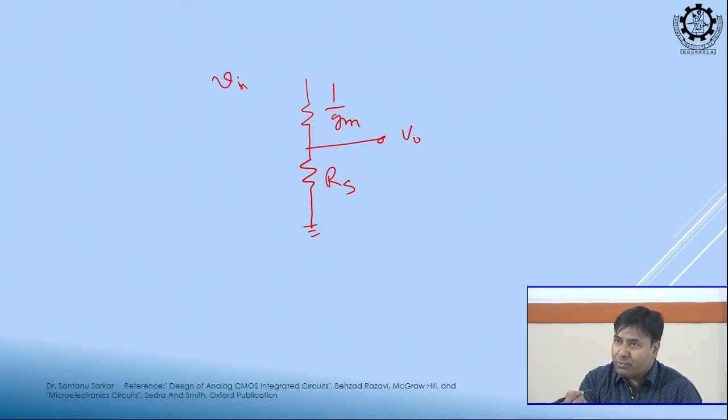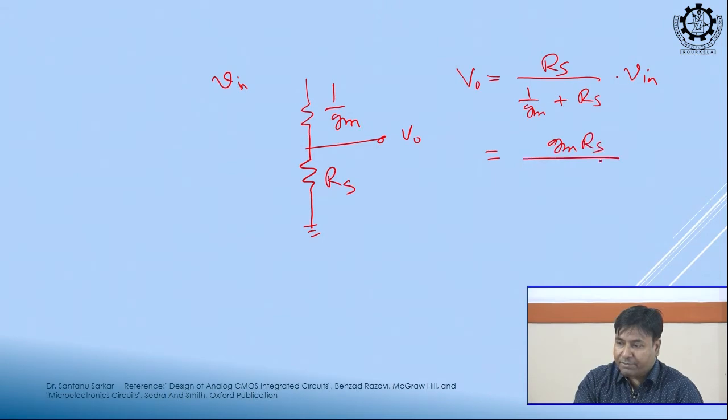I am taking output from the source terminal, right. So, my V0 is equal to Rs by (1 by Gm plus Rs) into Vin, which is equal to Gm Rs by 1 plus Gm Rs, right.